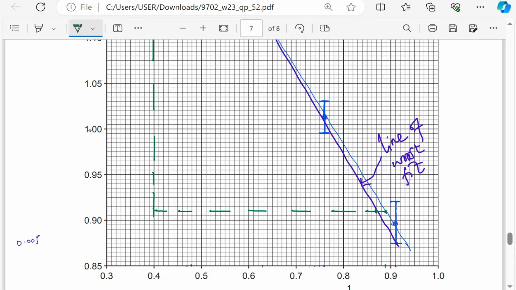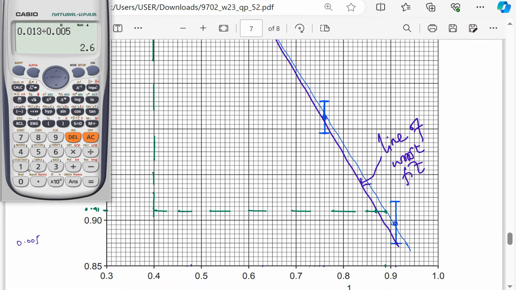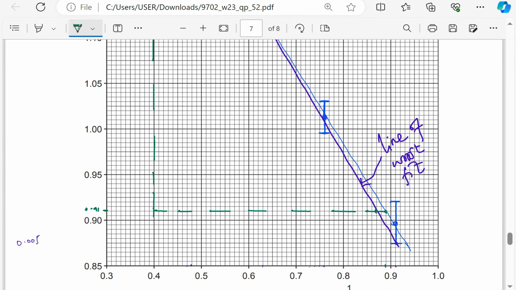Then y2 is this value here, 0.91, I think, because if each box is 0.005 times 2, then we add this to 0.9, so that is 0.91. Okay, so y2 is 0.91, and what is y1?